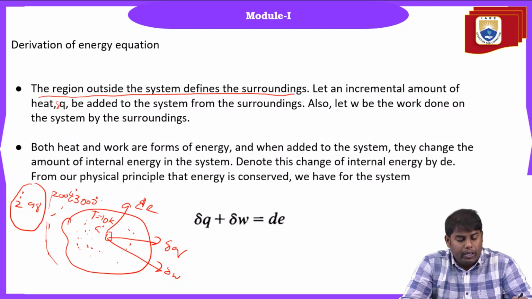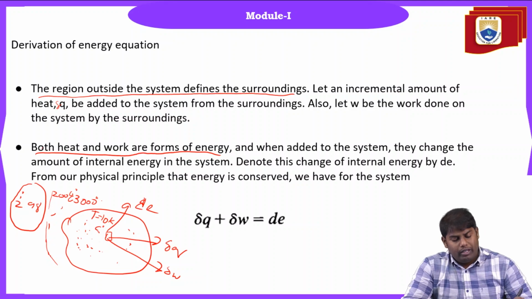Also, there is work done on the system by the surroundings, given by delta W. Both heat and work are forms of energy. Work is done on the system and heat is added to the system, and when there is an interaction between work and heat, there is a change in the energy of the system.